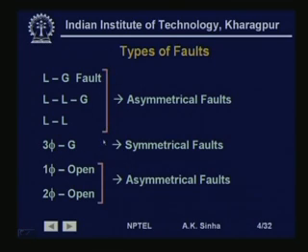All these faults are basically short circuit faults, whereas we have other types of faults which are basically open circuit faults, like a single phase open, that is one line gets open, or two lines get open. In both these cases, the fault again is an asymmetrical fault, because the voltage and currents in all the three phases are not balanced or symmetrical.